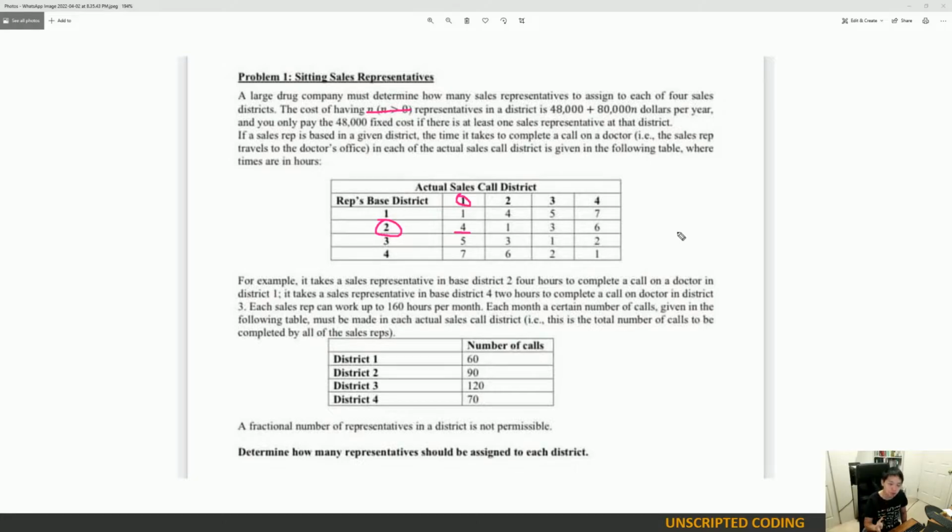They are 4 times less productive. And this chart is mirrored across the board, meaning that if you travel from District 2 to 1, it takes the same time and the same inefficiencies exist if you go from 1 to 2. This is true across the board, so 5 and 5, 3 and 3, all symmetrical down this line.